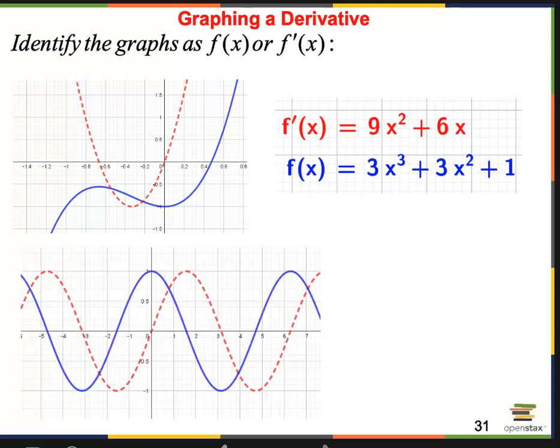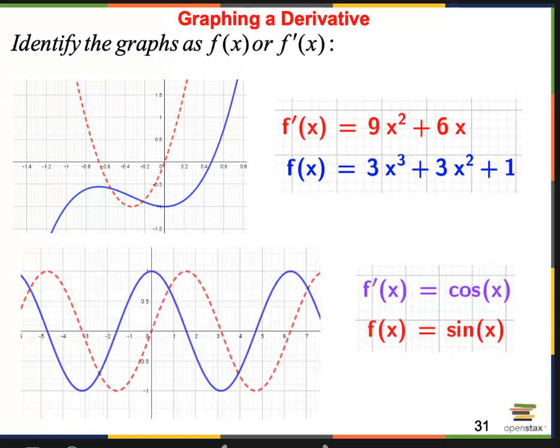Okay, and let's look at cosine and sine x. And just by looking at, the derivative of sine x is cosine x. And you can see what these functions do as well. The red or the dotted line is my sine function, which is the original function, and look at our cosine, what it is doing.